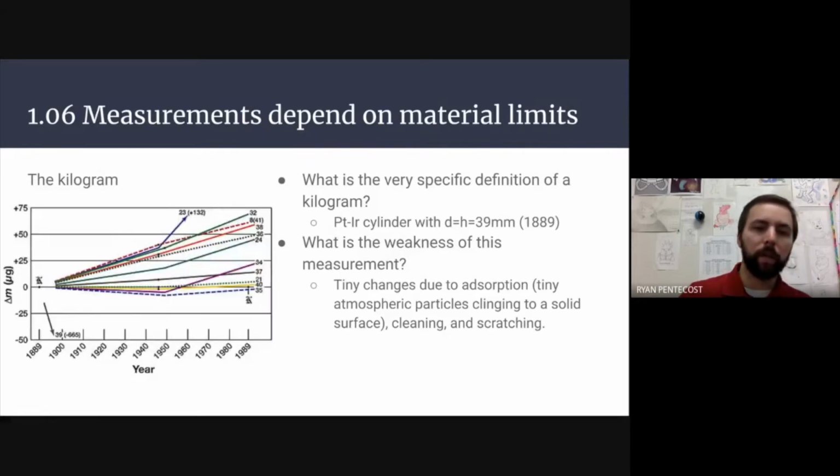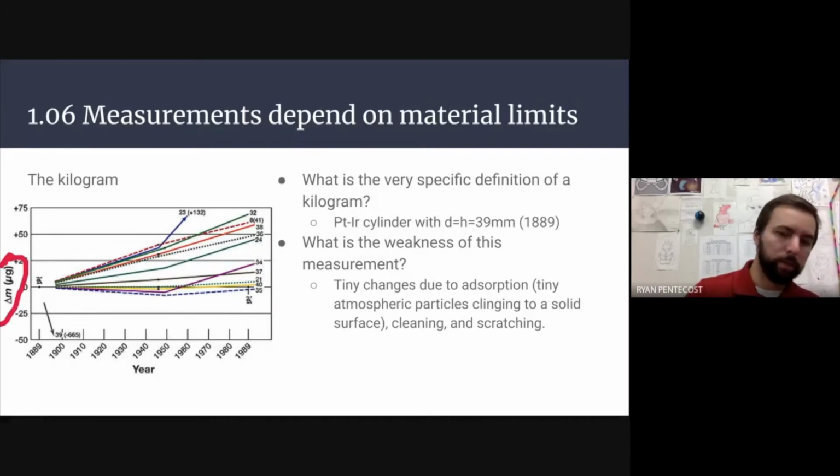So here, this image actually shows the drift over time of these cylinder copies. So they all started, you can see there is a change in mass in micrograms. That is shown right over there.